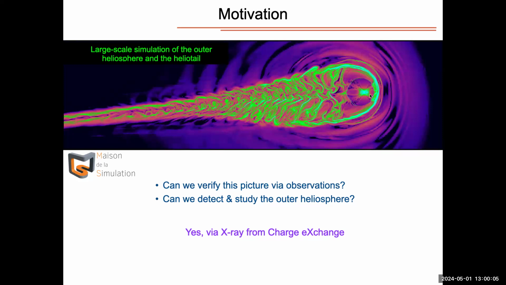Actually, it's not a cross section. It is just line of sight integrated, I mean, integration along a certain direction. Then we have this termination shock, and we have a long heliotail going in the direction opposite the direction of motion of the solar system through the local interstellar medium. The size of this graph is about 10,000 AU.